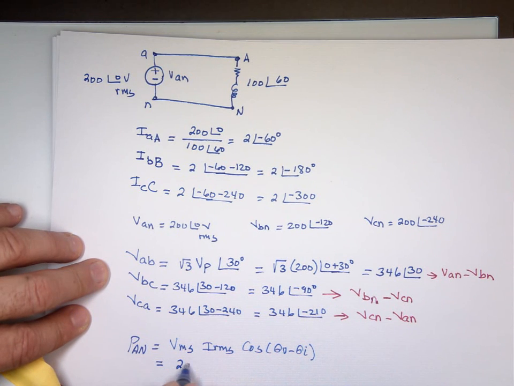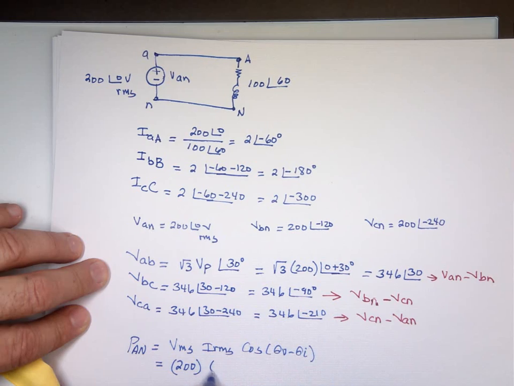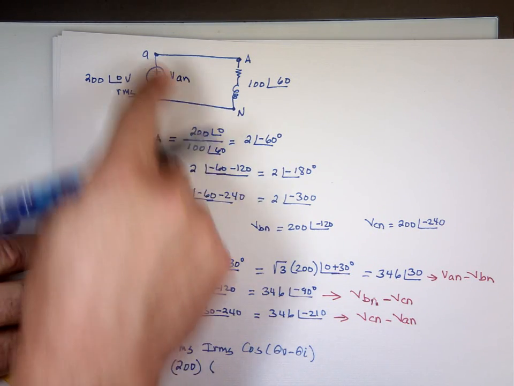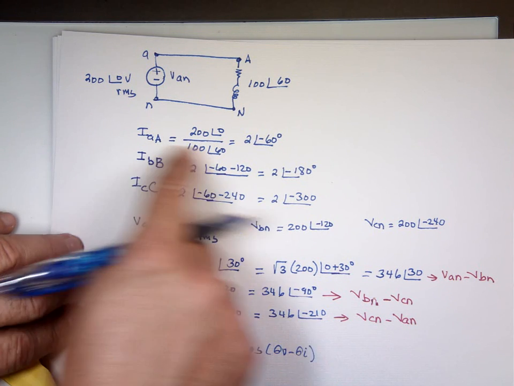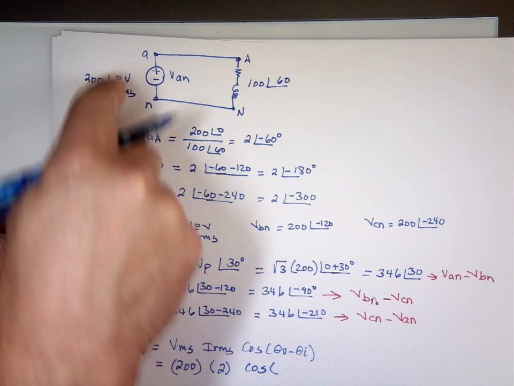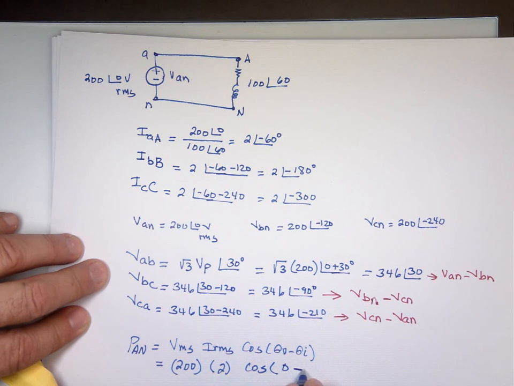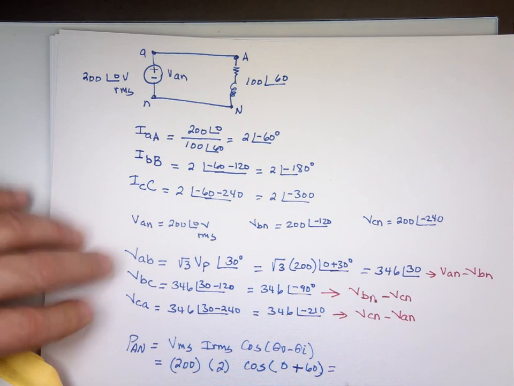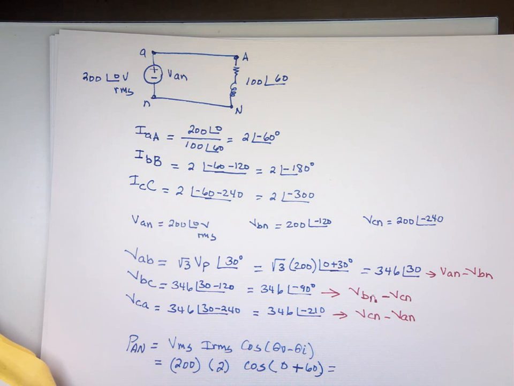In parallel, the current through AN is the current through AA. It's the same current. There's no other way to exit. Cosine of theta V, what's theta V? 0 minus what's theta I? Negative 60, so plus 60. 200 times 2 times cosine 60 is 200 watts.